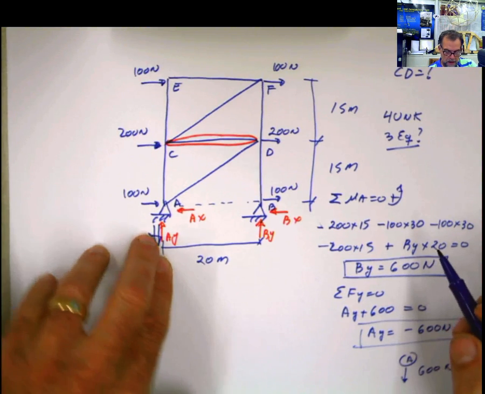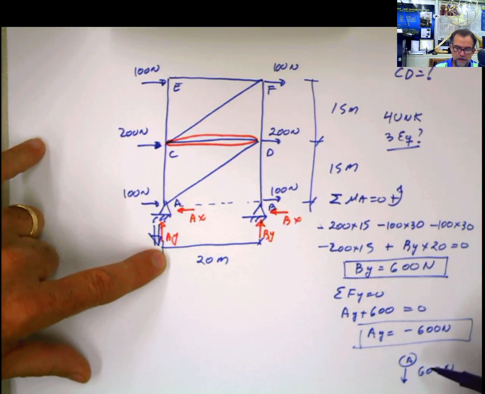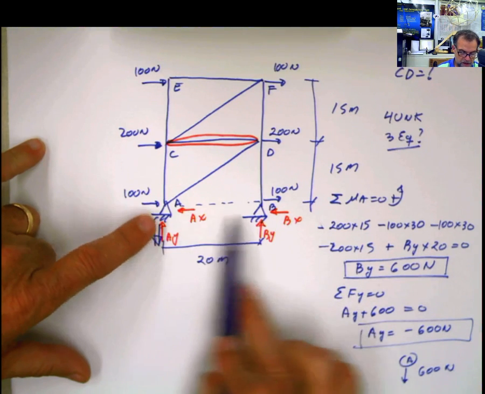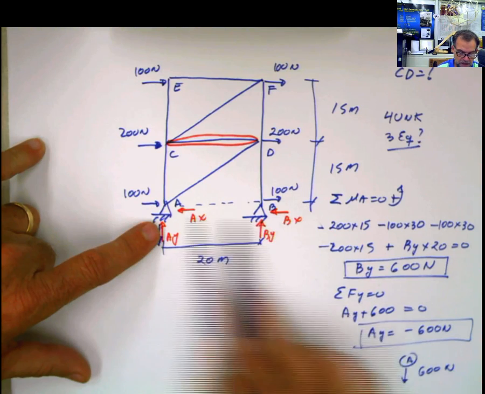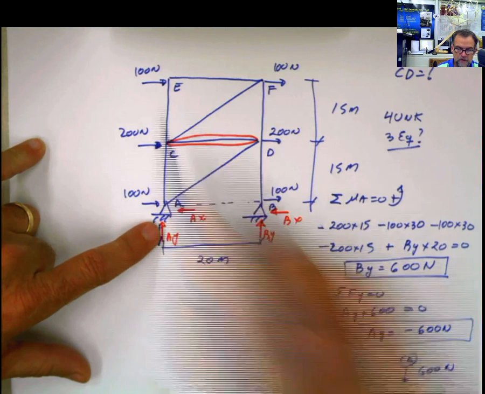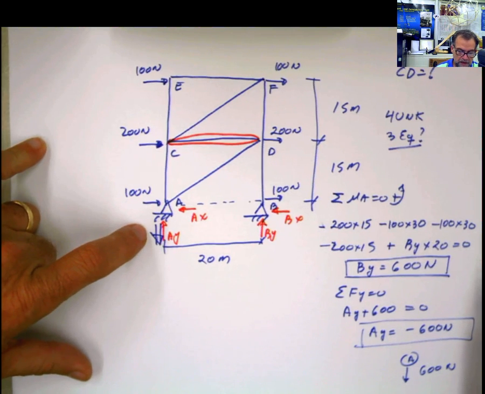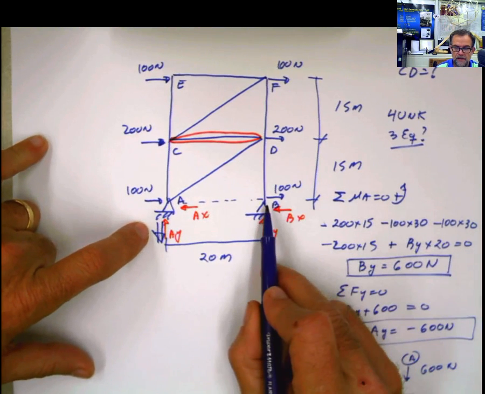Now, after this point, what should we do? Summation of forces in X equals 0. Perfect, yes. AX minus BX plus all these forces equals 0. I can't calculate AX and BX unless I analyze this joint.